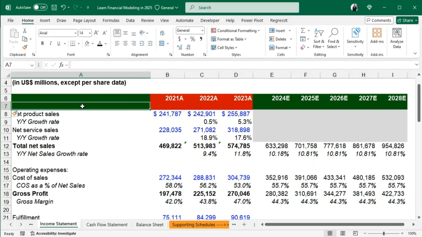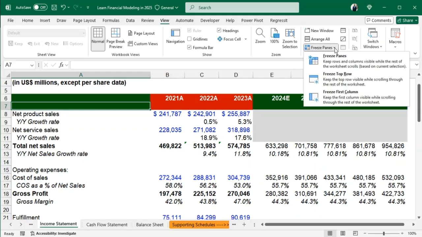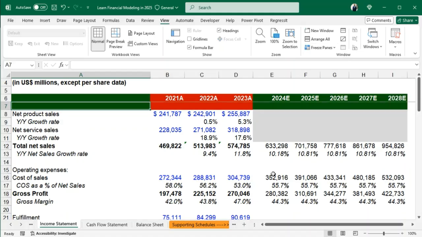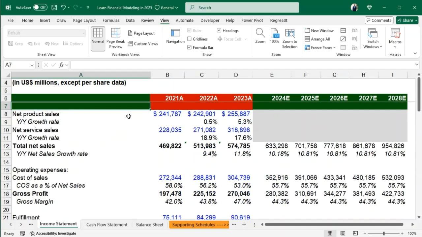So clicking on the first cell here, I'll go to my View tab, and then in the Window section, I'll click on the Freeze Panes drop down, Freeze Panes, and that is it. So when I'm scrolling down, I'll be able to see this. Alright, so that is just by the way.